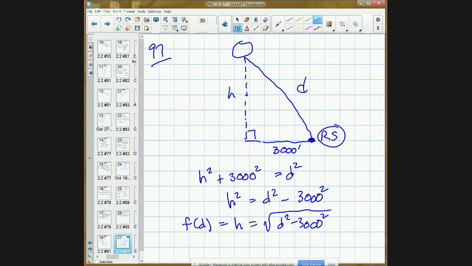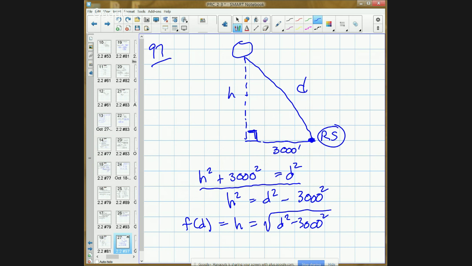Well, hopefully, it said the balloon went straight up, so we know there's a right angle here. So you should see, oh, this is a right triangle. So the Pythagorean theorem applies. So I wrote out the Pythagorean theorem, one leg squared plus the other leg squared equals the hypotenuse squared.